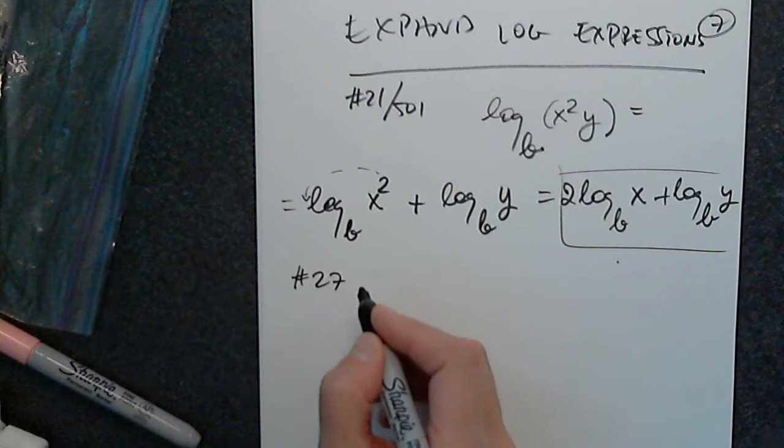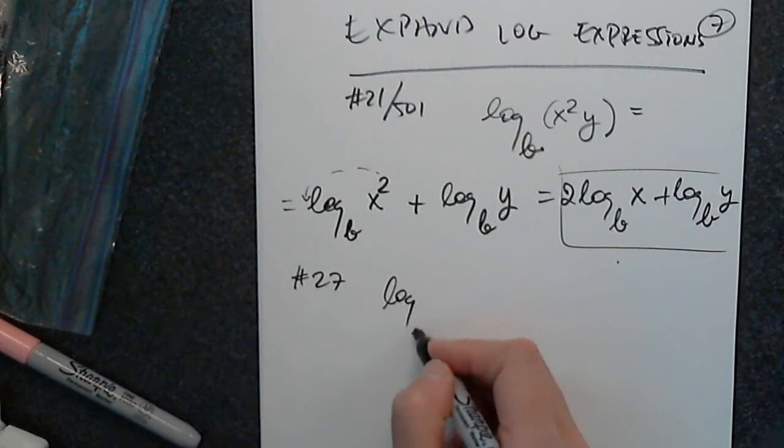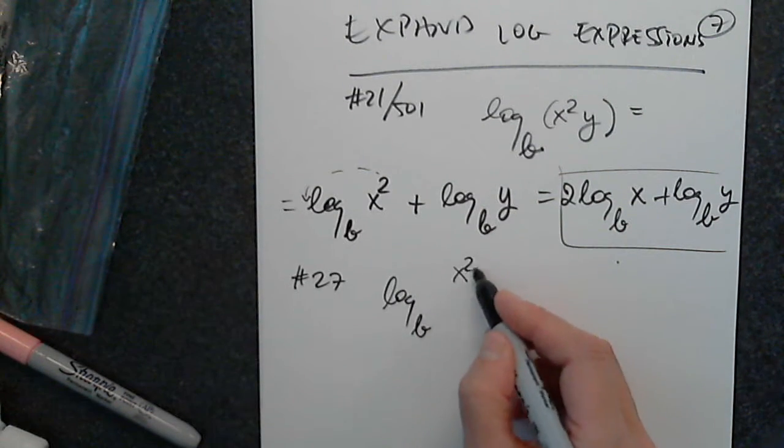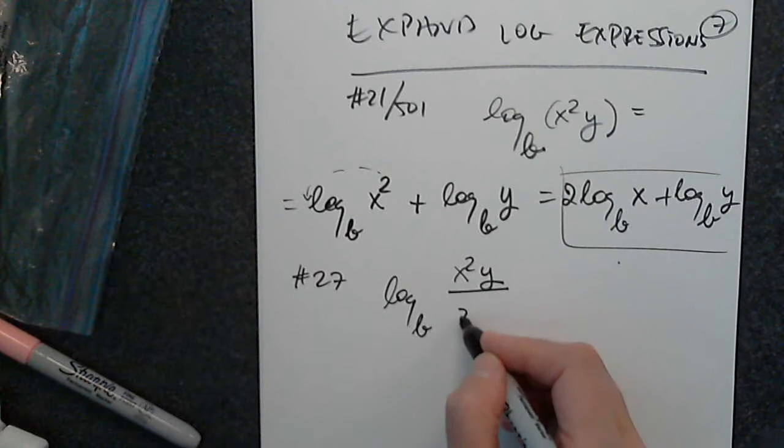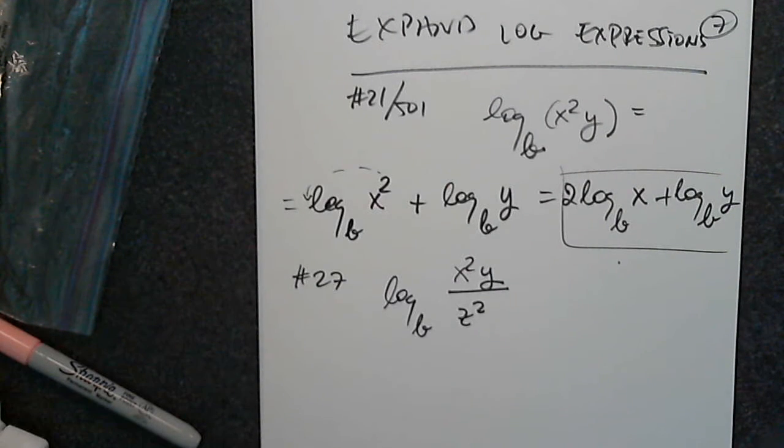27, same page. Log base b of x squared y divided by z squared. Now here I see all three properties are applicable. There is a quotient, there is a product, and there is power. Before we even expand this, how many factors do we see at the top? 2.